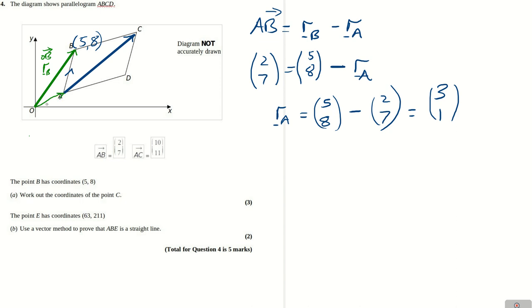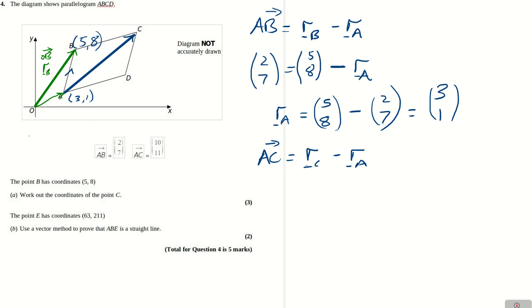That's (3, 1), which means we can also write down the coordinates of A now, and A is the point (3, 1). Okay, and what we can do now is say, right, the vector AC, which we are told, is also the position vector of C minus the position vector of A.